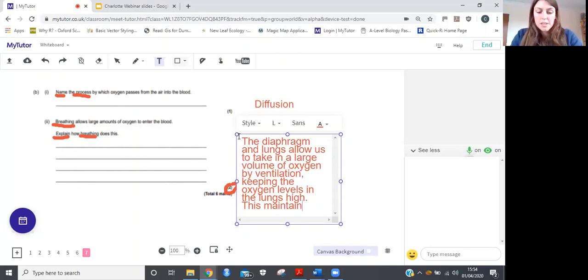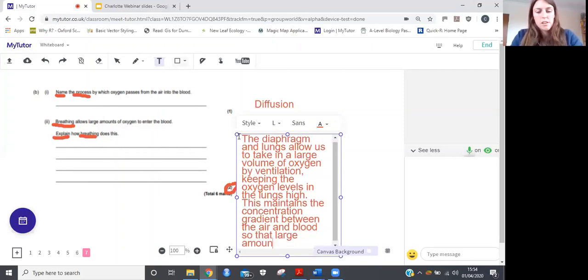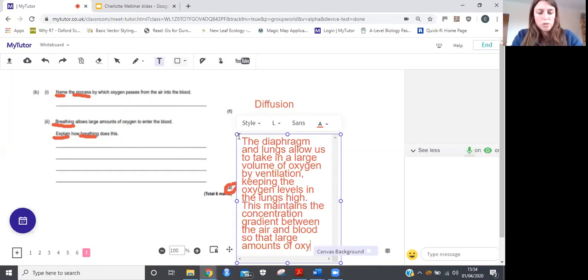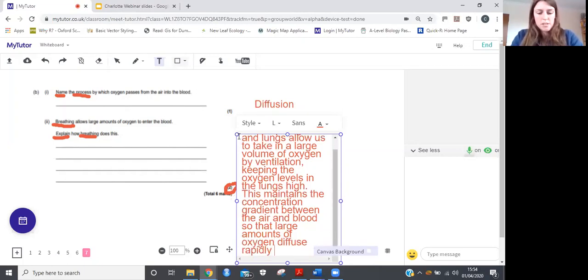This maintains the concentration gradient between the air and blood so that large amounts of oxygen diffuse rapidly into the blood.